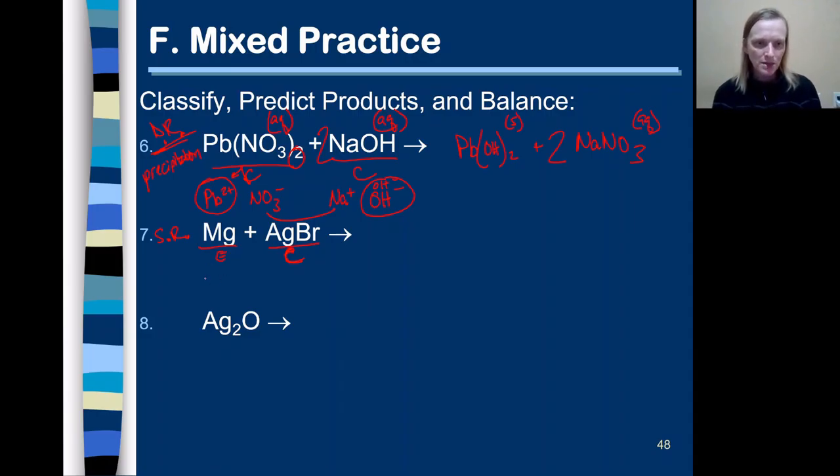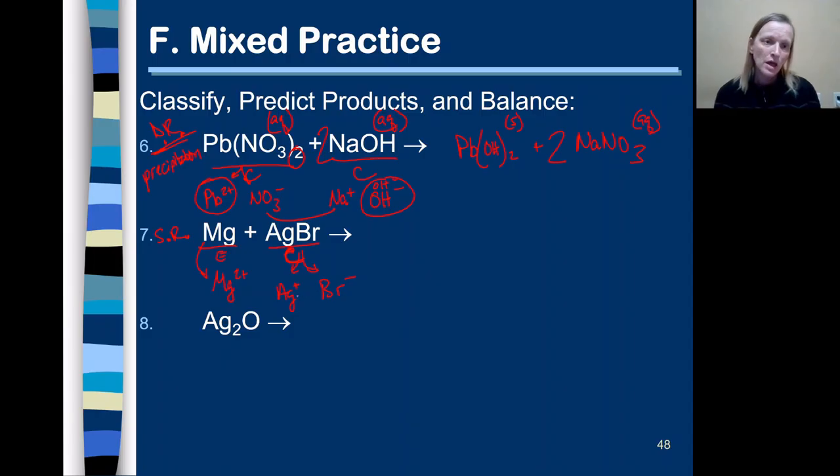And the best way to think about a single replacement reaction is to think about what the charge on my element would become. Magnesium with a charge of 0 would become magnesium with a charge of positive 2. And also split my compound up into its component ions. Silver with a charge of positive 1. Even though it's in the d-block of the periodic table, silver always has a charge of positive 1. And the bromide ion with a charge of negative 1.